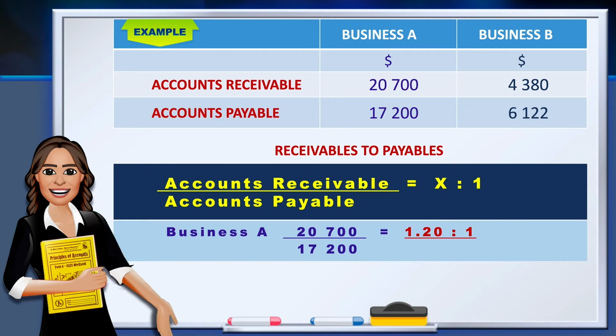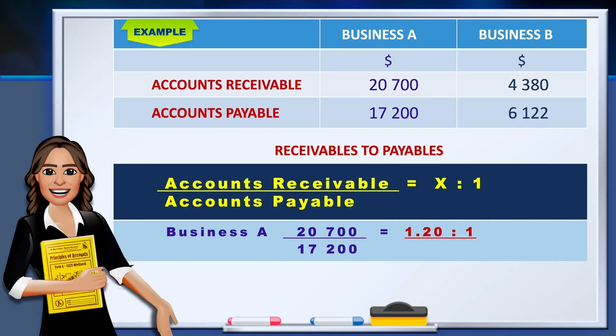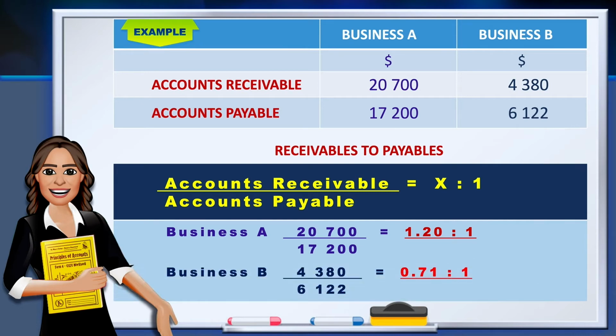For business A, the receivable 20,700 over the payable 17,200 gave the answer of 1.20. Add your colon 1. And that means that more credit is given than received. For business B, you take your receivables, which would be 4,380, over your payable, which would be 6,120.